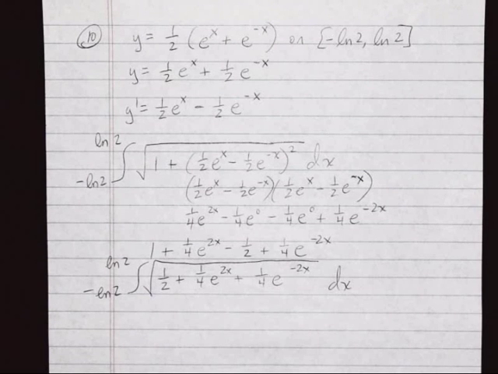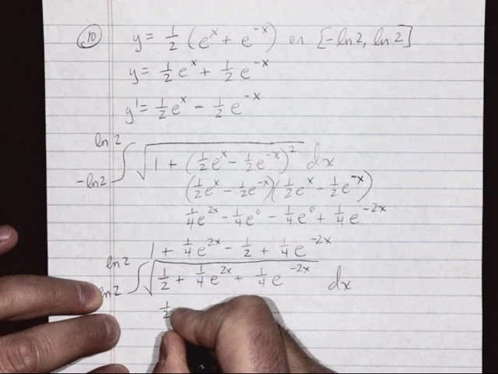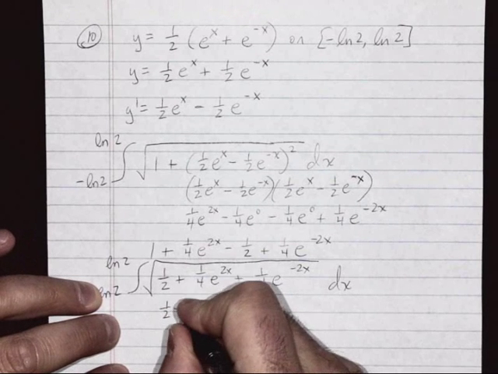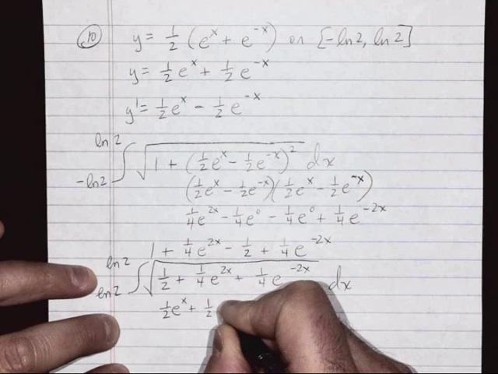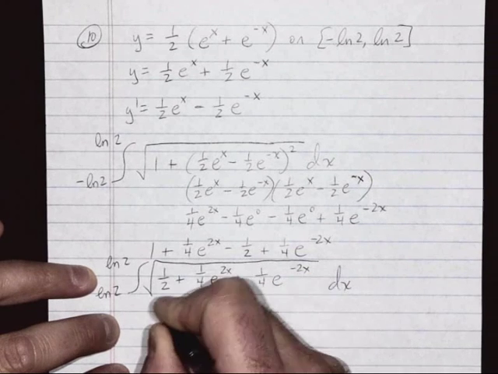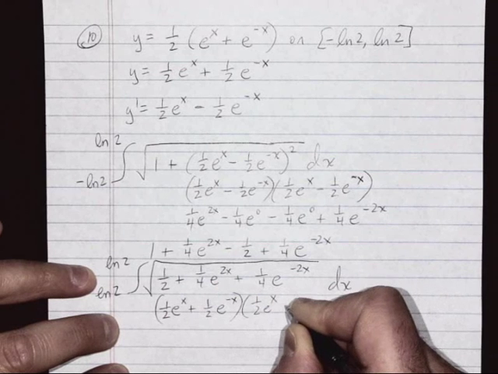I've got some e to the x's, e to the -2x. I'm thinking, well, e to the -x times e to the negative x would be e to the negative 2x. So let's try this. 1/2 e to the x plus 1/2 e to the negative x, squared. So basically it's multiplied times itself.